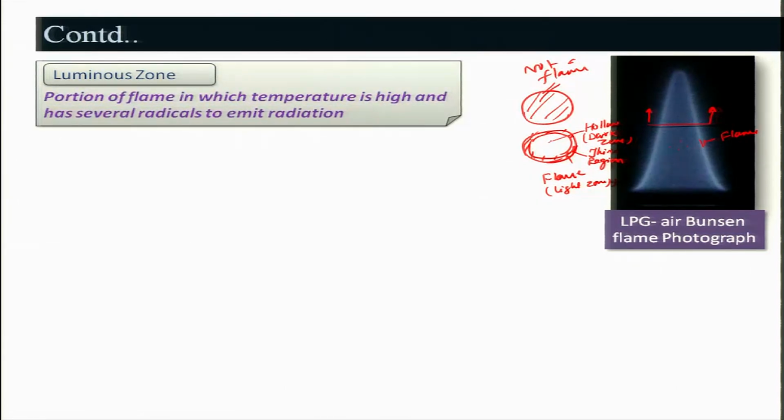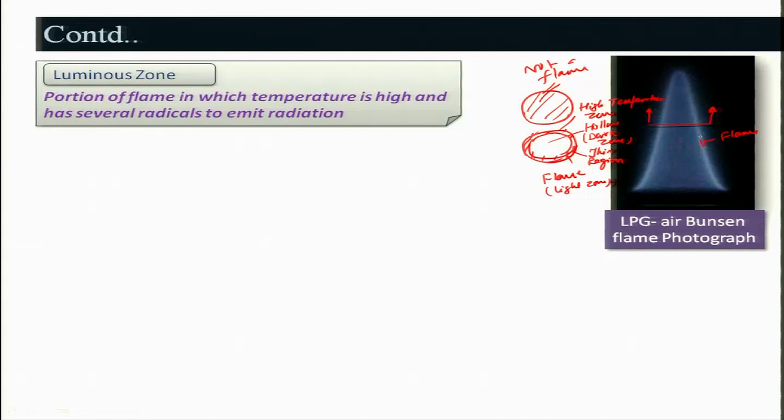It is the portion of the flame in which the temperature is high and there are several radicals to emit radiation. Because the temperature in this zone is very high, several radicals emit the light that we could see.